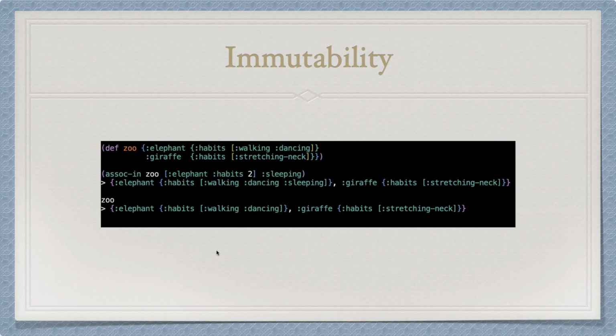I once had the pleasure to attend a meeting where the speaker was explaining a library that they wrote for JavaScript to allow similar functionality. But in Clojure, it's built in, and as you see, the data structures share memory with each other. So even though we do this assoc-in, the zoo is still the same as it was, and it's all performant, and it's occupying memory only once.